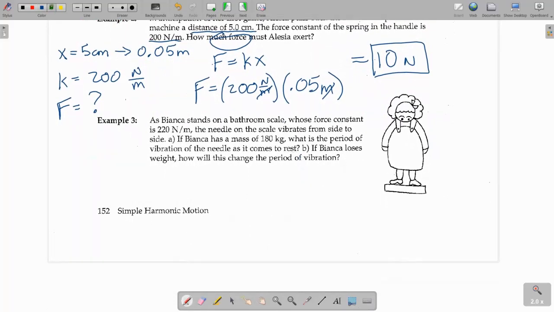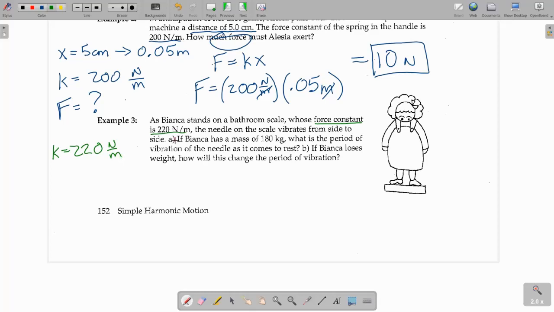Okay, looking at example 3 here. As Bianca stands on the bathroom scale, whose force constant or spring constant is 220 newtons per meter. So let's go ahead and write that down. The needle on the scale vibrates from side to side.